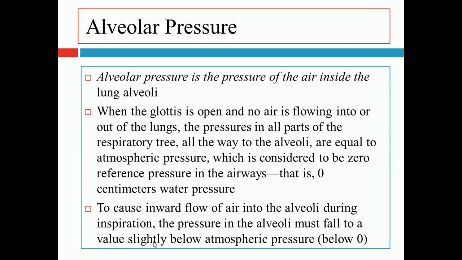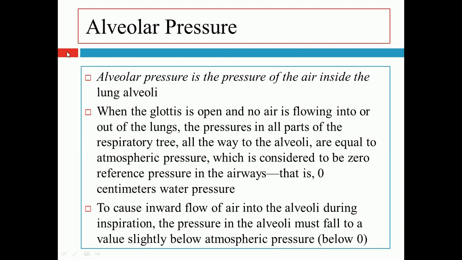To cause inward flow of air into the alveoli during inspiration, the pressure in the alveoli must fall to a value slightly below atmospheric pressure, or below zero. It should be negative. It is very obvious if you take this example: this is outside of the lung and this is, for example, alveoli.